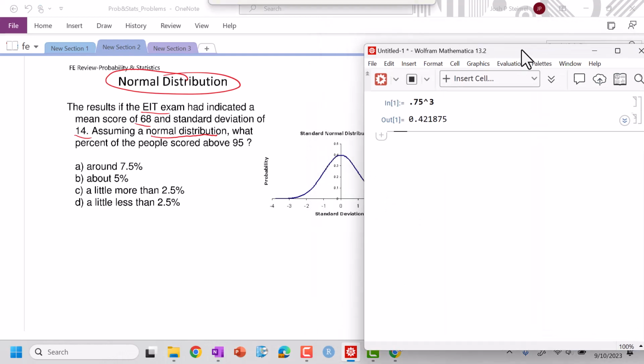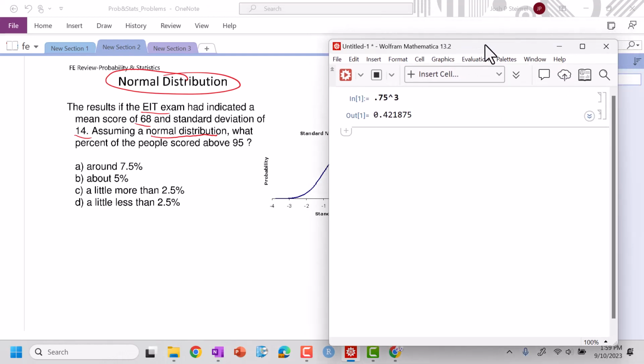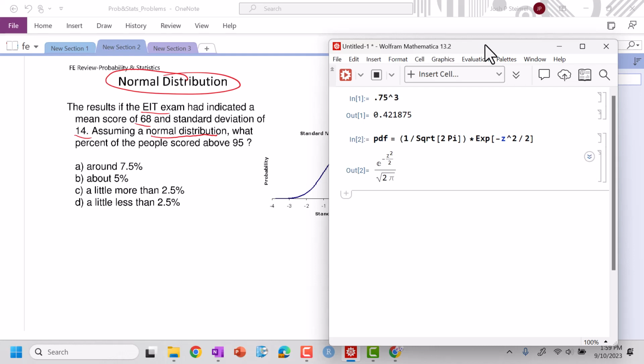You can do this multiple ways. If you have a calculator like this, you can do the PDF, which equals 1 divided by the square root of 2 pi times exponential of minus z squared over 2, and we can integrate this. So we need to find our z value.